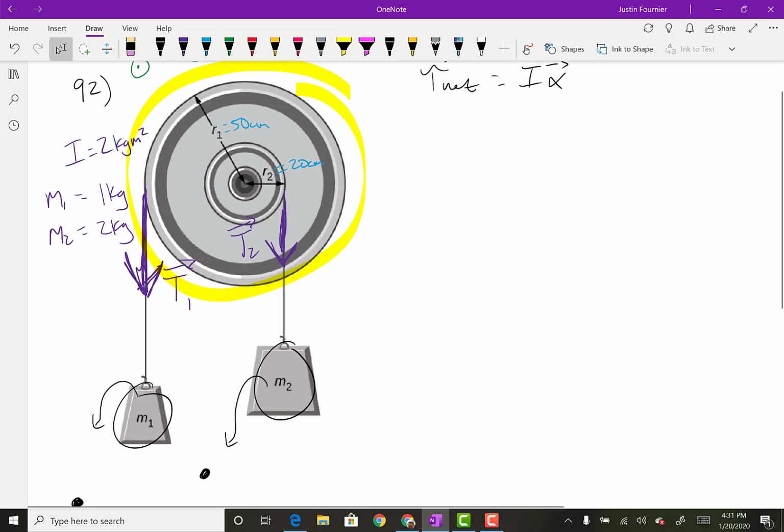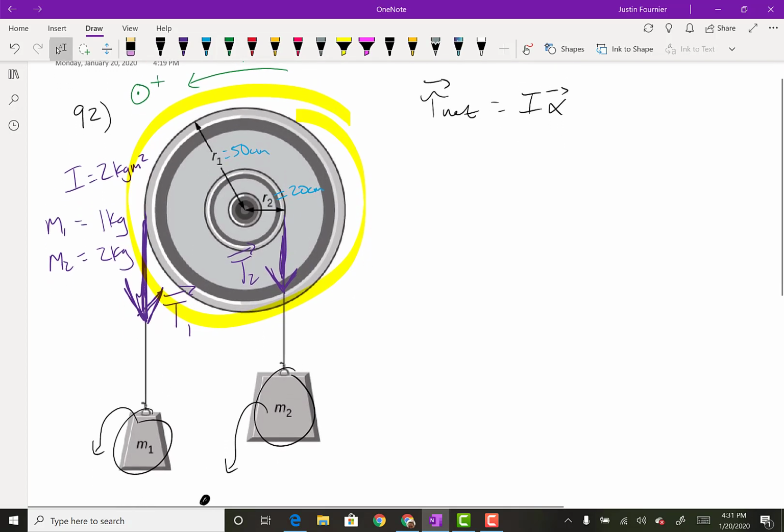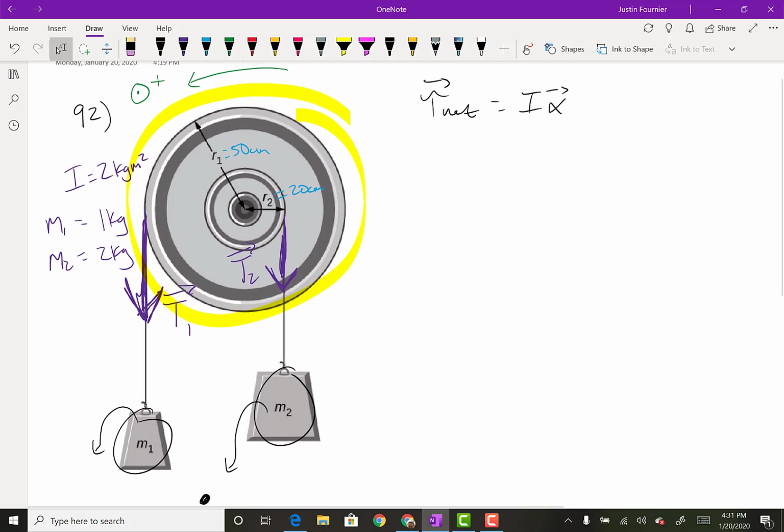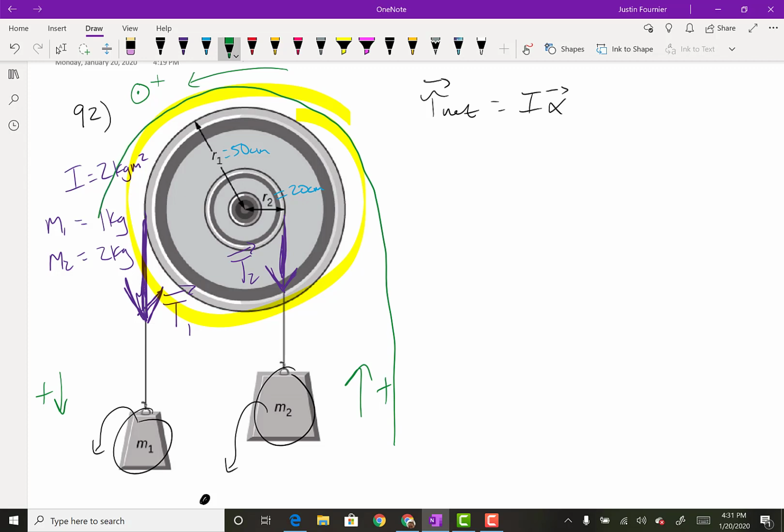If that's the positive direction, then this is the positive direction for M1. And then for M2, this would be the positive direction.